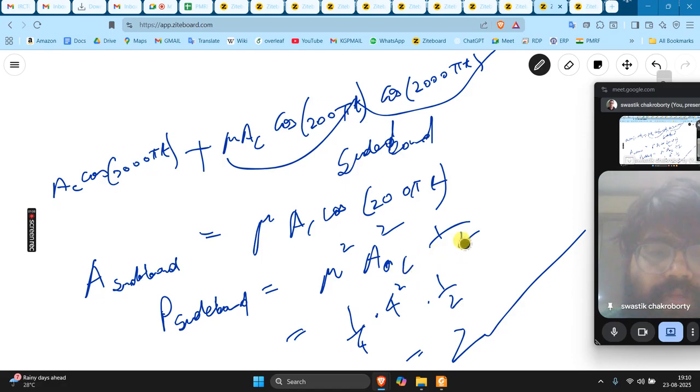So this sideband power will be mu square AC square by 4. So this will be 1.